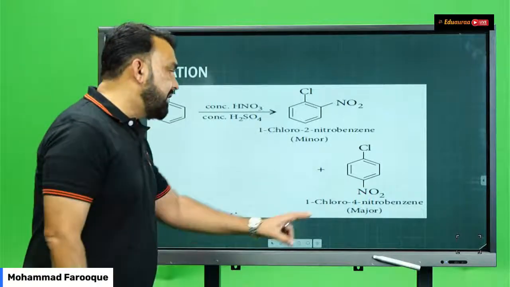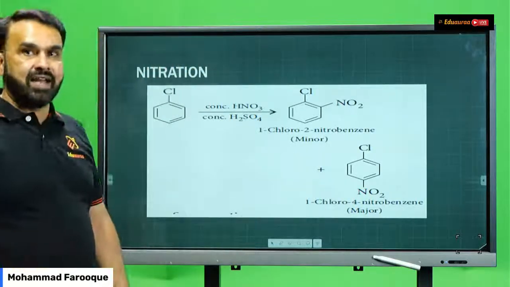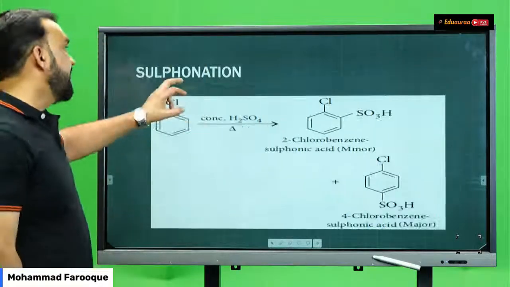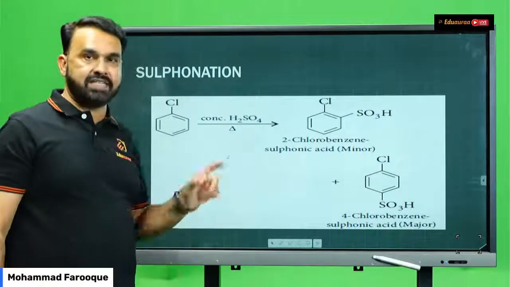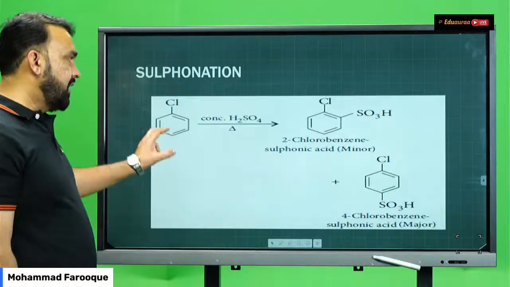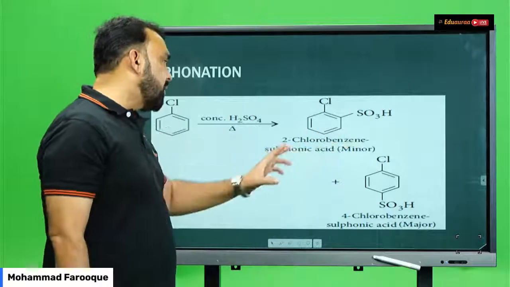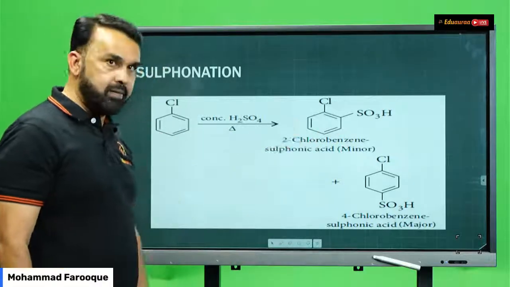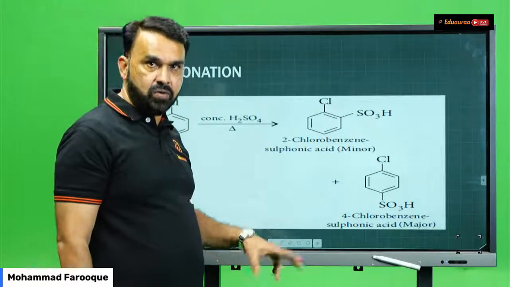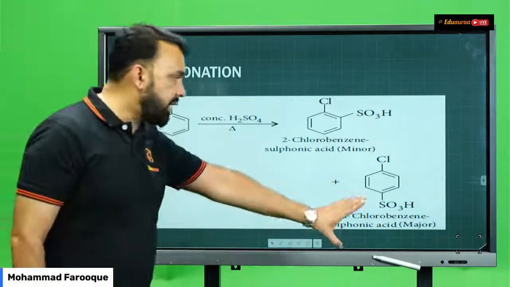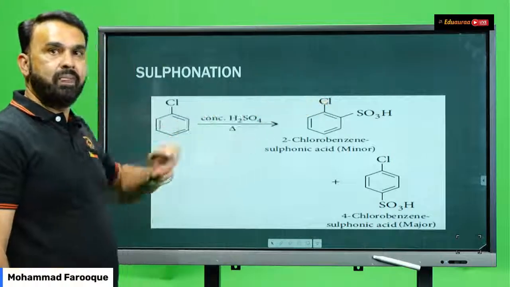Keep in mind the major product is the para. Then you have sulfonation, reaction with concentrated sulfuric acid. Chlorobenzene again gives a mixture of ortho- and para-chlorobenzene sulfonic acid. The major product will be para, the minor will be ortho.